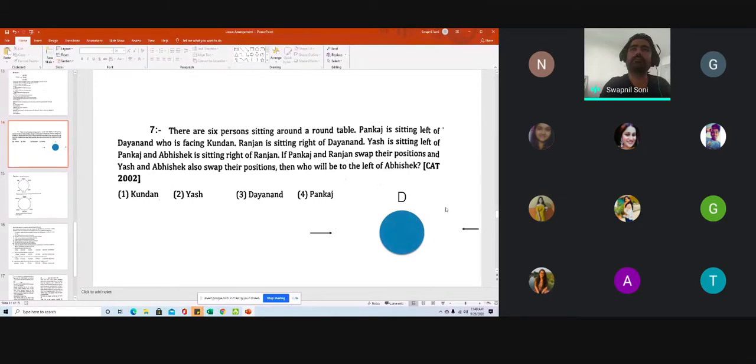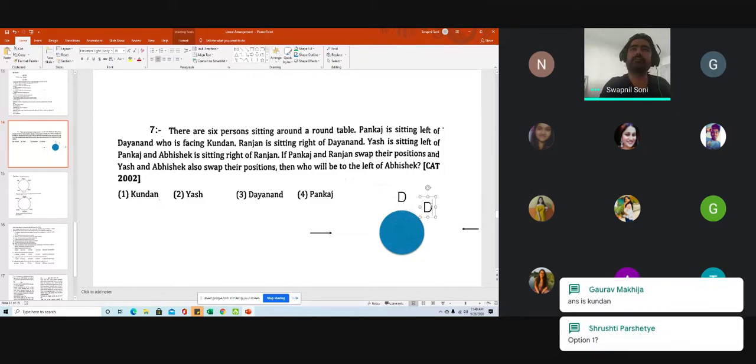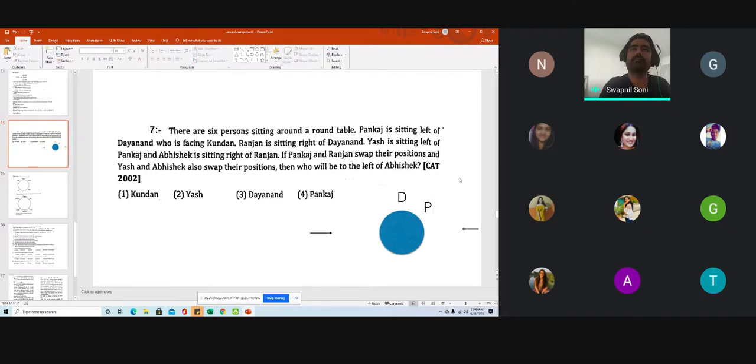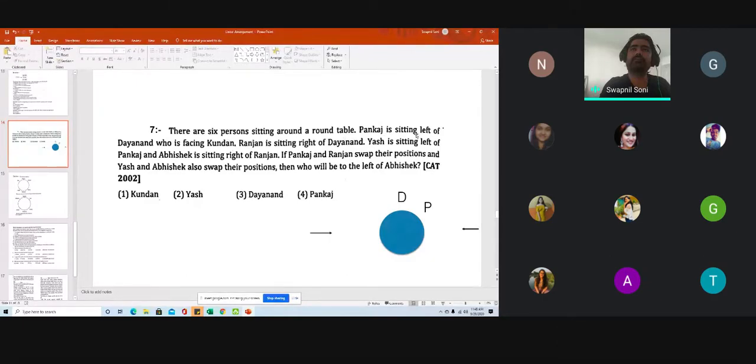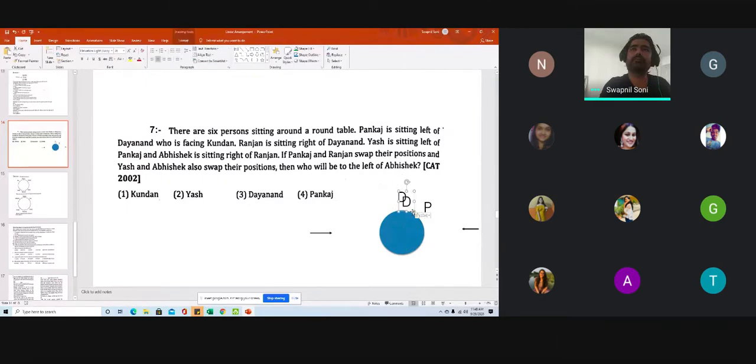Pankaj is sitting left of Dayanand. So Pankaj on the left. I don't know exactly how, but on the left somewhere. Dayanand is facing Kundan, so right opposite to Dayanand there is this guy called Kundan, slightly opposite.